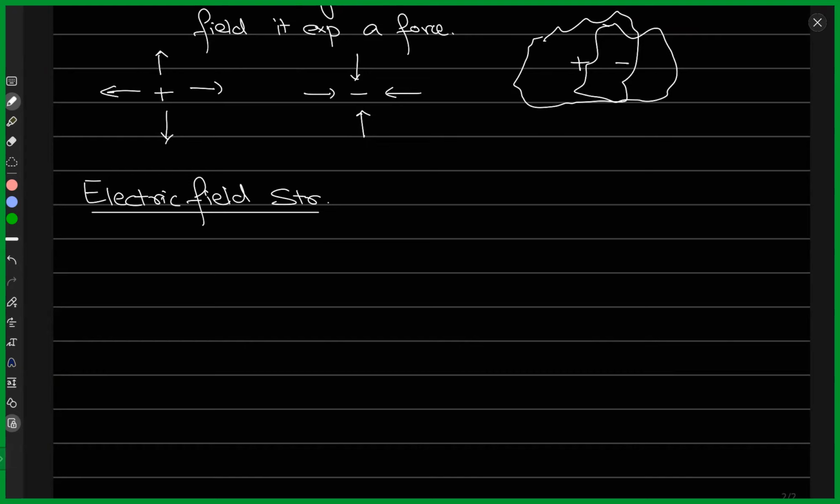That's what the electric field strength measures. So you can describe it as the force, specifically the electric force, that a charge may experience at any point in the electric field.